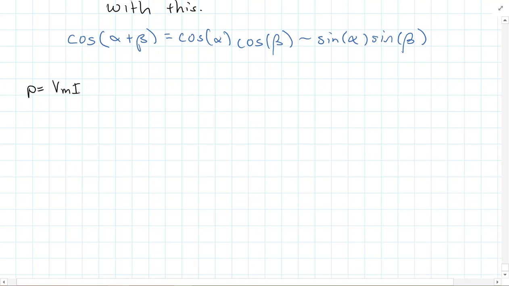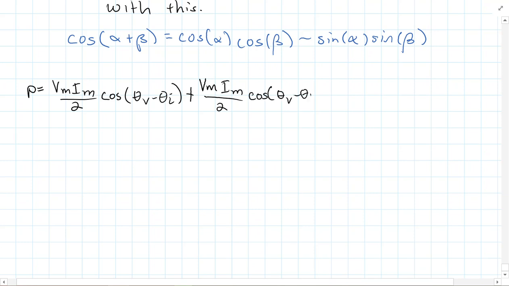Vm Im over 2 cosine of theta v minus theta I plus, well, then I'm going to have Vm Im over 2 cosine, and I'm going to write the theta v minus theta I first, times the cosine of 2 omega t.